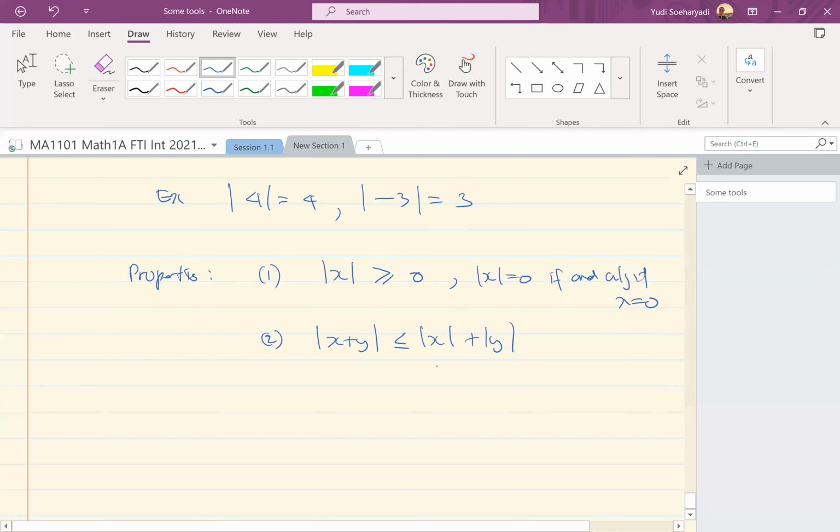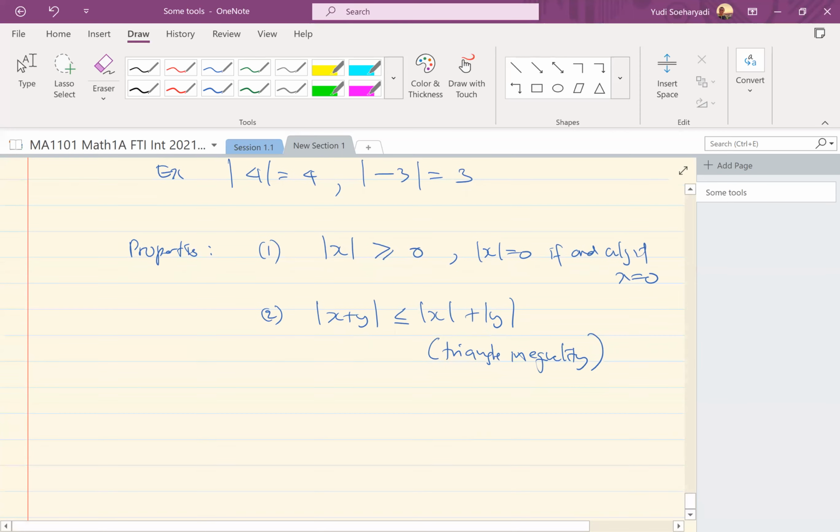This is what we call the triangle inequality. Why is that the triangle? Triangle is because, well, we'll draw the graph later on.